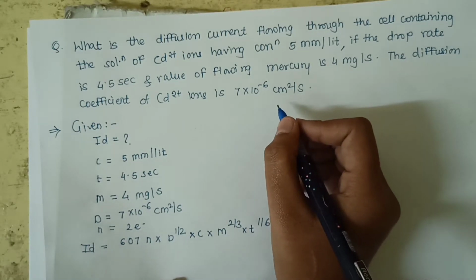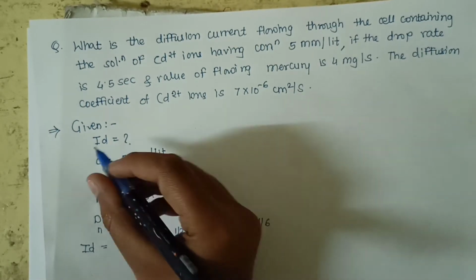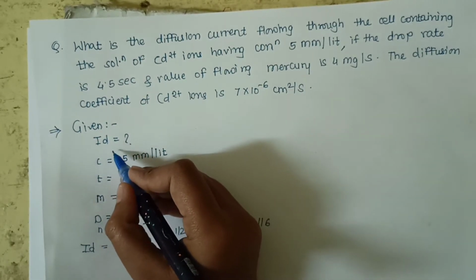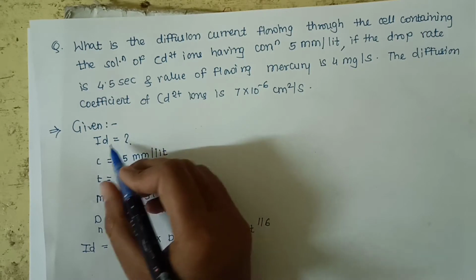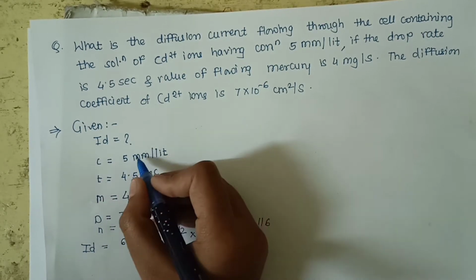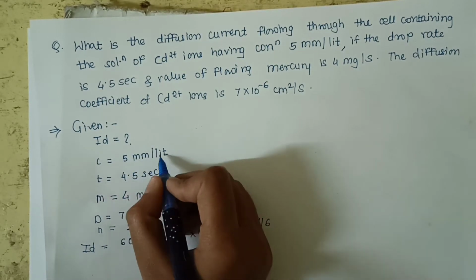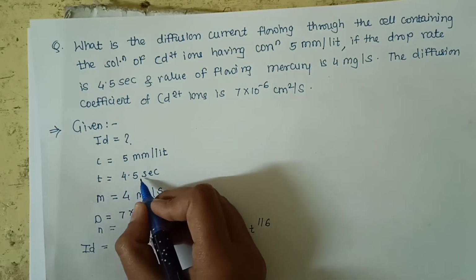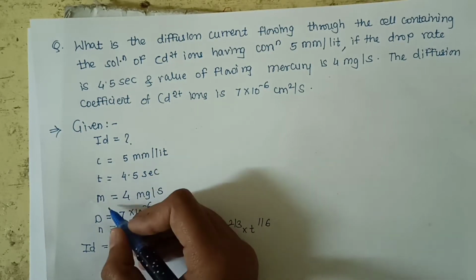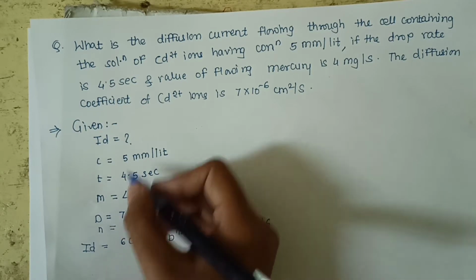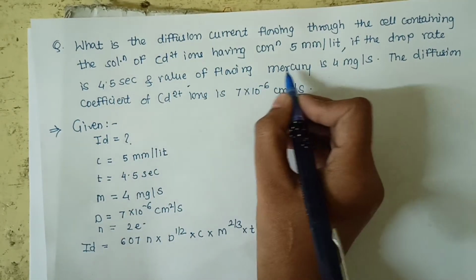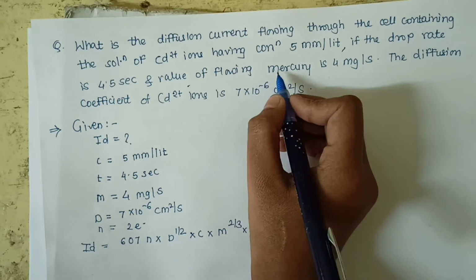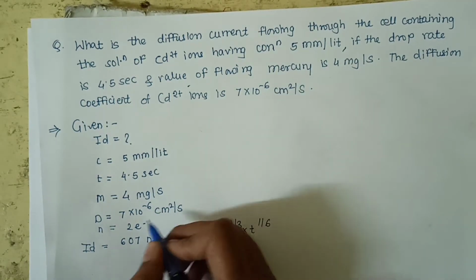So firstly we have to write down all the given things. ID, that is diffusion current, we have to calculate. Then concentration C is given as 5 millimole per liter. t is the drop rate, equal to 4.5 seconds, and m, that is the flow rate of mercury, is 5 mg per second.